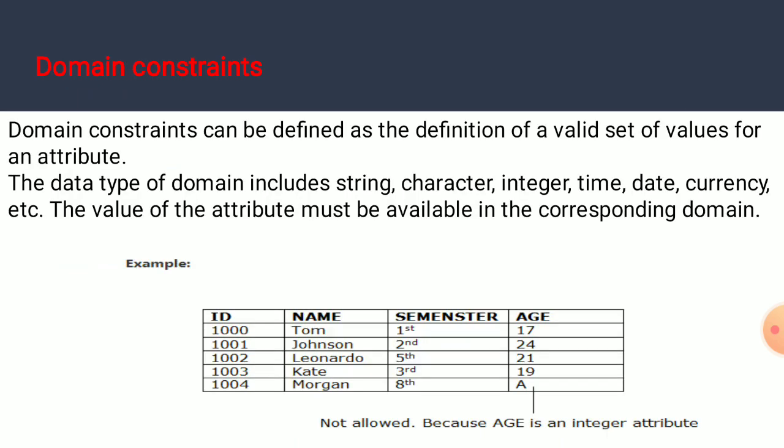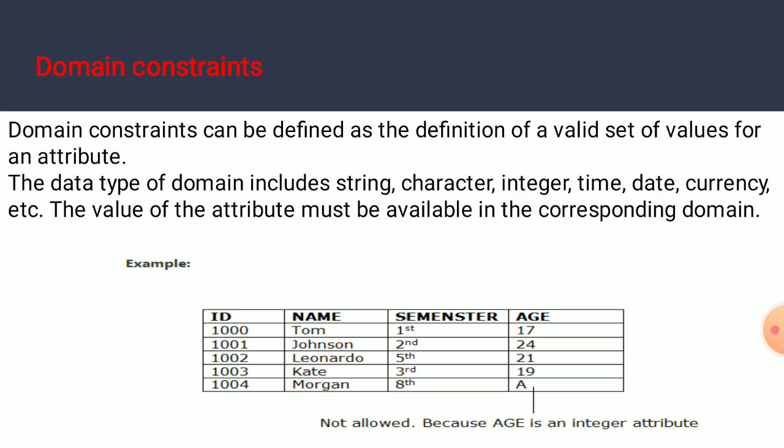So firstly we start with the domain constraint. Domain constraint can be defined as the definition of a valid set of values for an attribute. It means if you want to apply some restriction on a particular attribute or its domain, then we use types of domain including string, character, integer, time, date, currency, etc. The value of an attribute must be available in the corresponding domain.